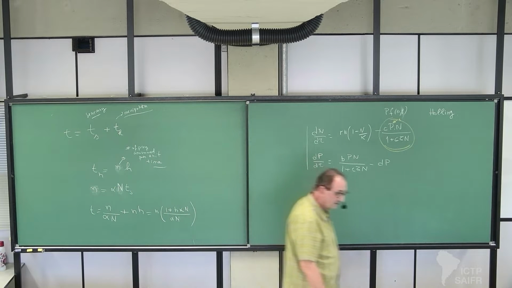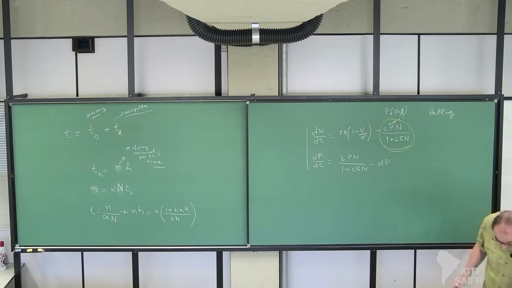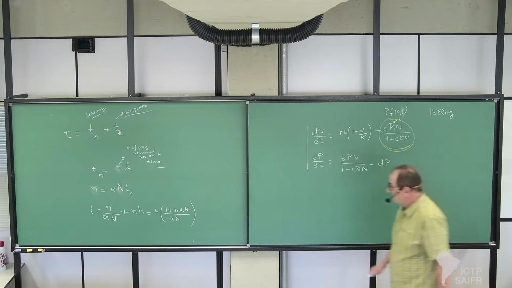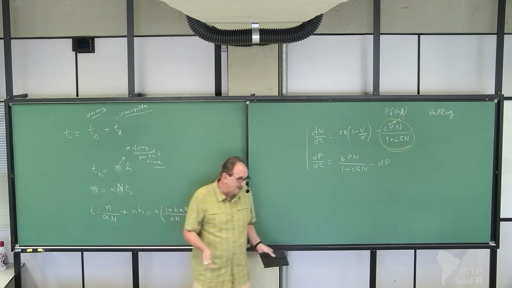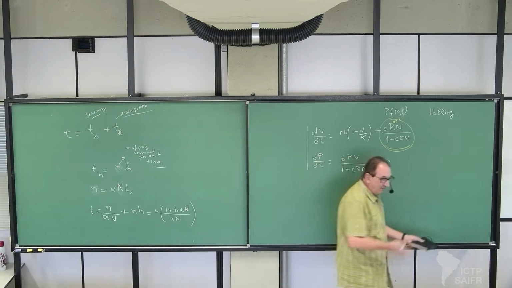Professor, shouldn't it be the opposite? If Ts is bigger, like more time searching for a prey, the consumed number of prey should be smaller? No, the idea is that it should be proportional to those things. If I spend more time searching, I will find more.